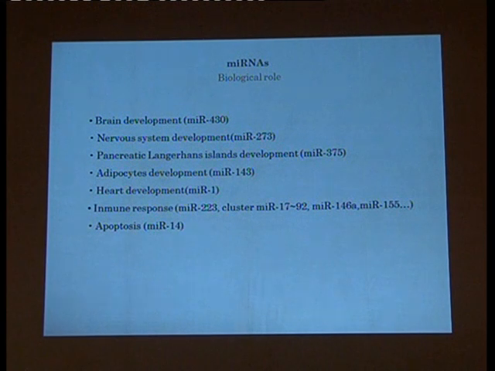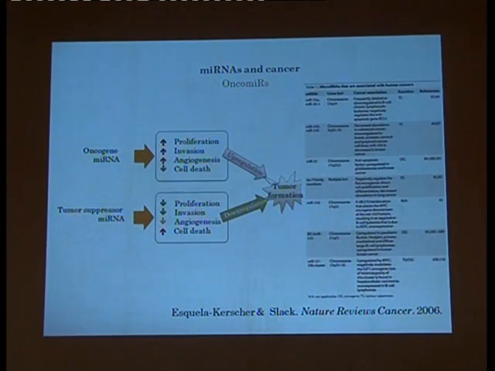It is already well established in the last decades that microRNA has tremendous biological load. They are involved in brain development, neuron development, heart development, and so on. So any aberrant expression will always lead to a certain kind of pathogenic state in the cell. Taking the example of cancer, there are two types of microRNA.